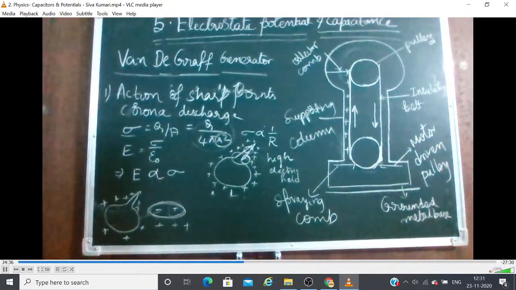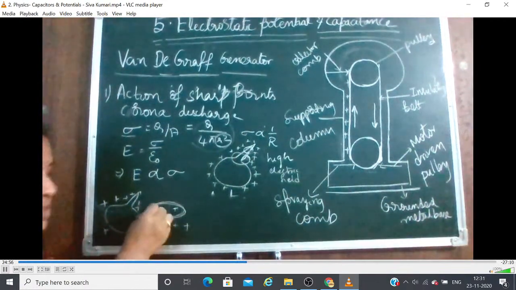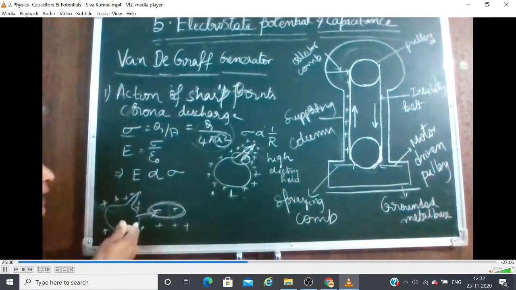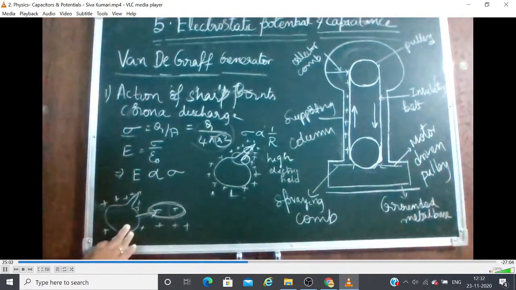This phenomenon we see in the form of lightning from clouds. When the clouds come near a building or any large tree, the discharge happens, and this is nothing but the corona discharge, because it can't bear any more charge.